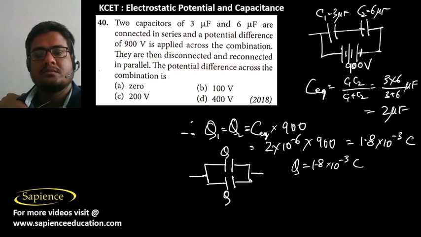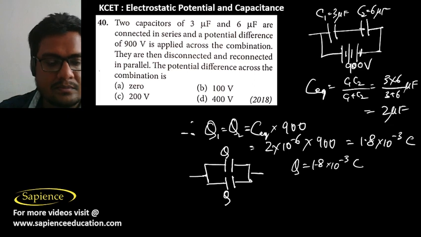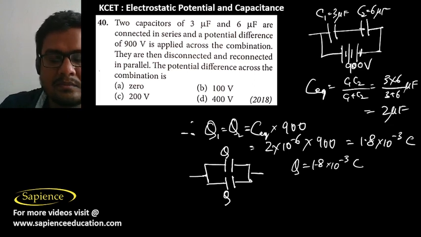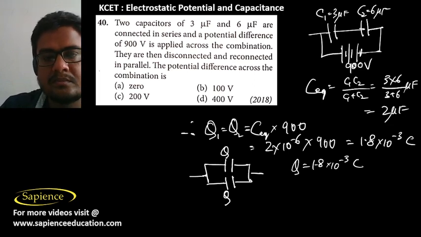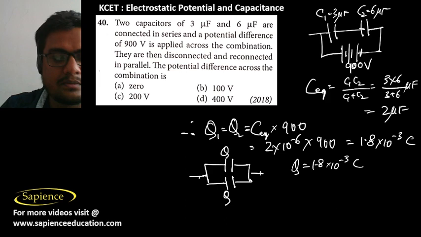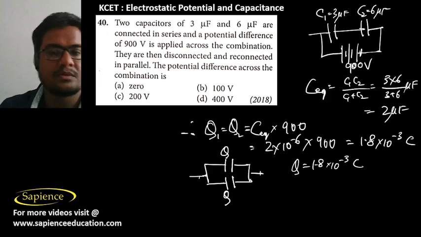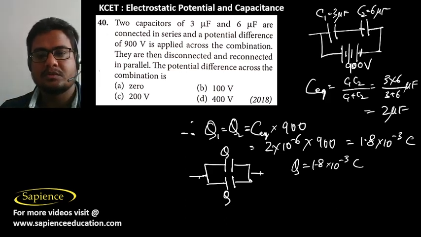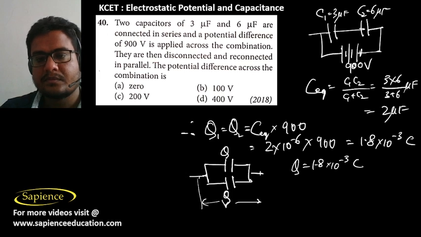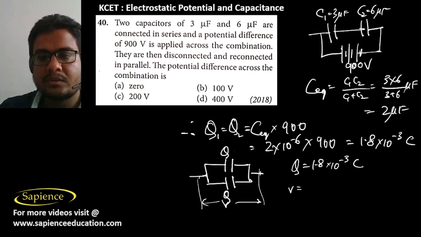The potential difference across the combination, suppose that is V. This is C1, this is C2.